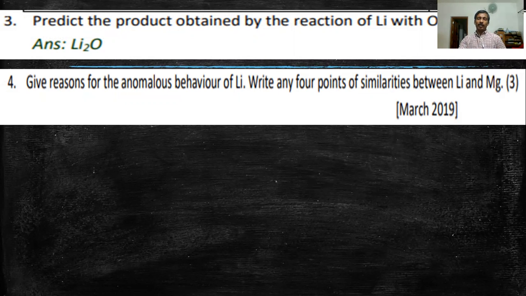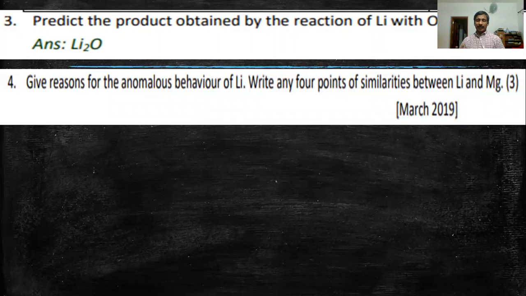Write any 4 points of similarities between lithium and magnesium. Lithium and magnesium react with the nitrogen in the atmosphere to form lithium nitride and magnesium nitride. Lithium carbonate decomposes on heating, magnesium carbonate decomposes on heating. Lithium nitrate decomposes on heating, magnesium nitrate decomposes on heating.